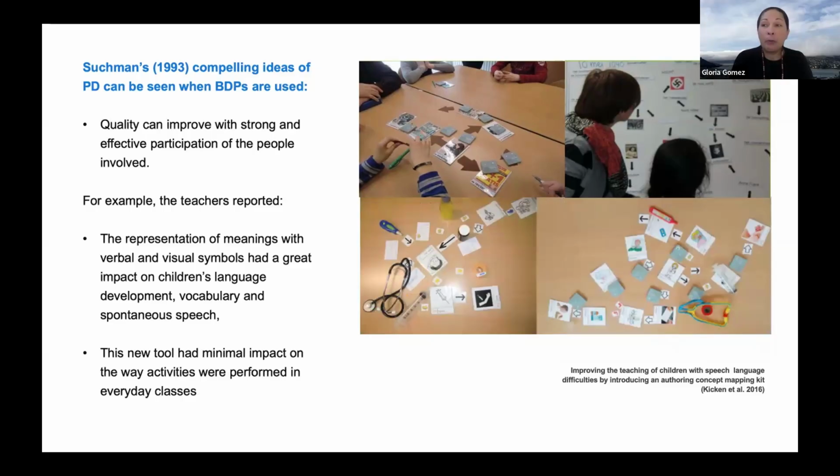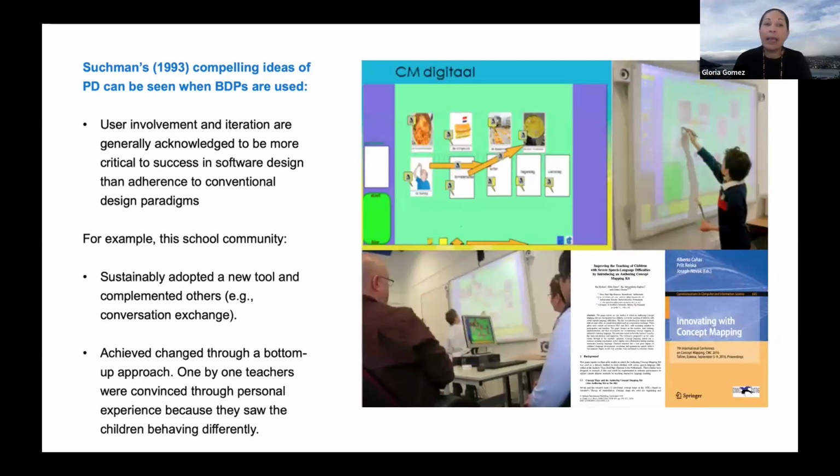The teachers reported the representation of meanings with verbal and visual symbols had a great impact on children's language development, vocabulary, and spontaneous speech. They also said there was minimal impact on their daily teaching activities. The quality of this educational resource has improved due to the teachers' explorations. The BDP enabled this school community to sustainably adopt a new tool and construct a new teaching reality to replace an existing method.